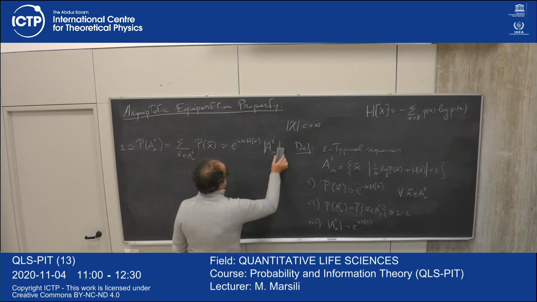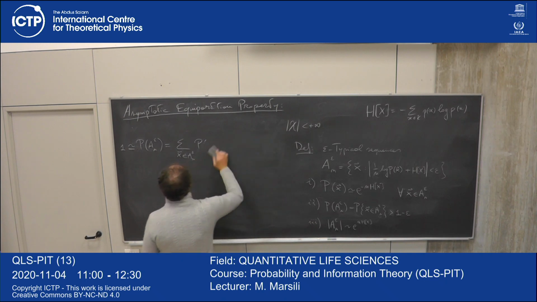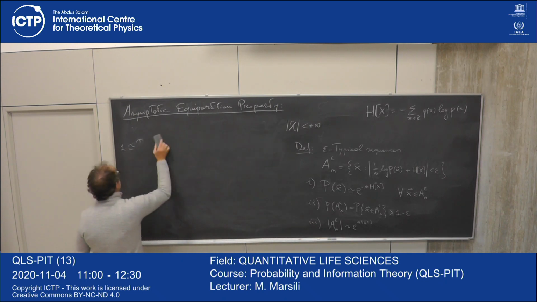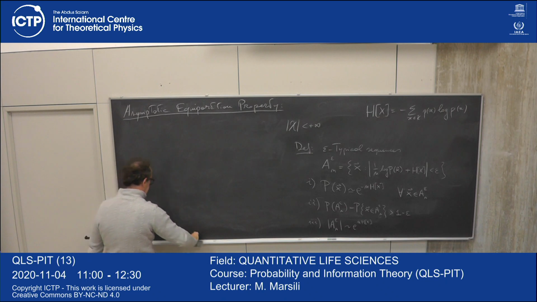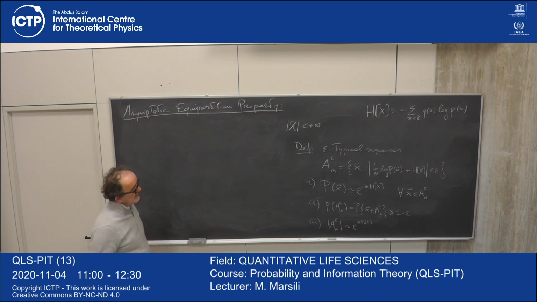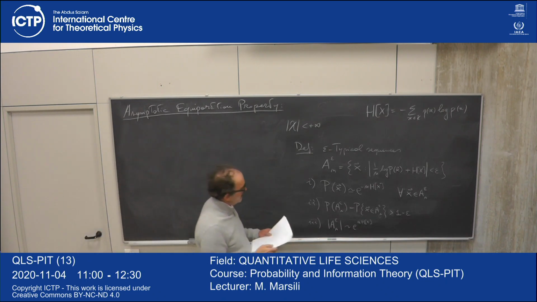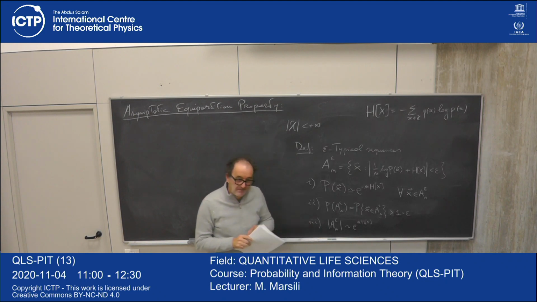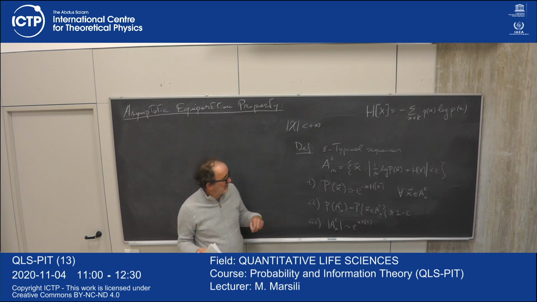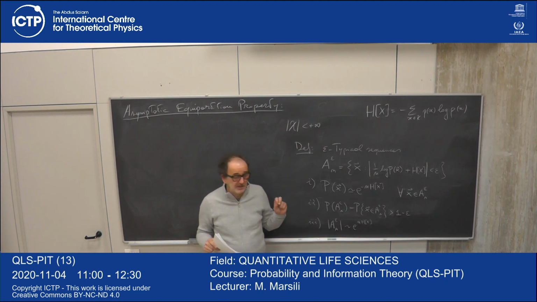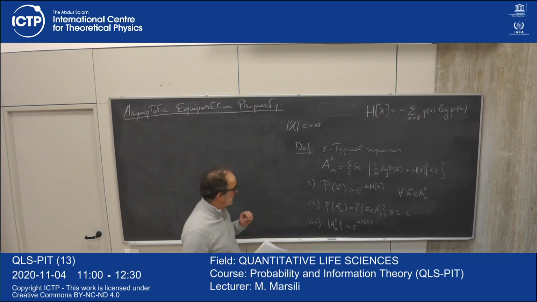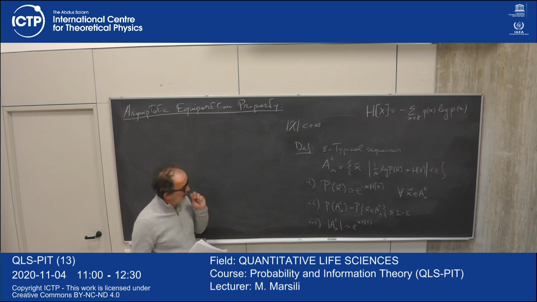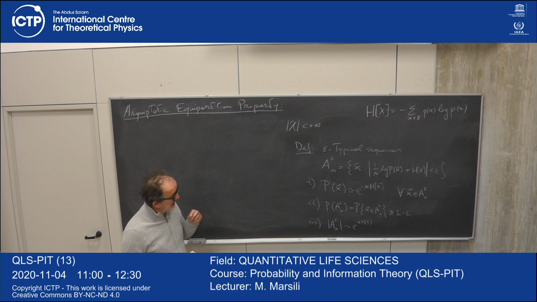Okay, so this is quite interesting because it tells you that when you draw at random a sequence from a probability distribution, the sequences that you draw, with very high probability, have very specific properties.